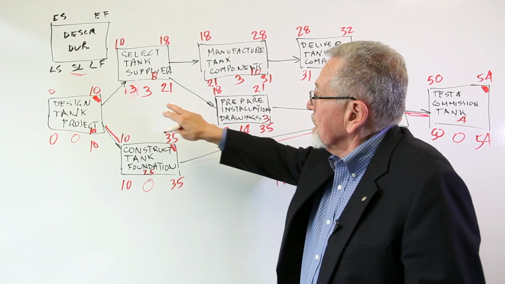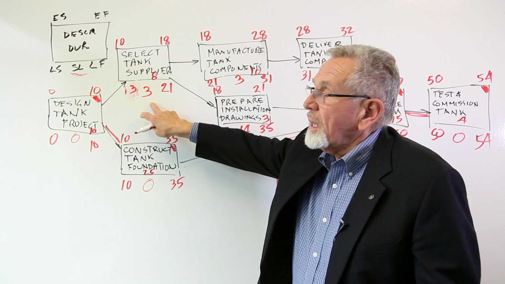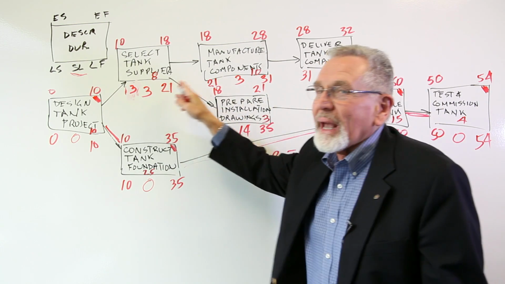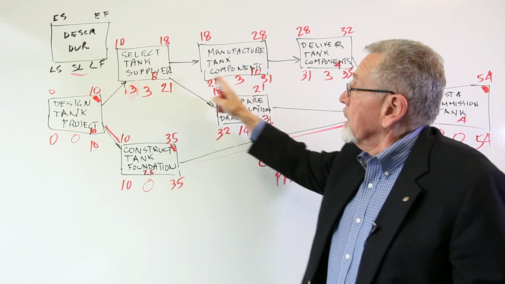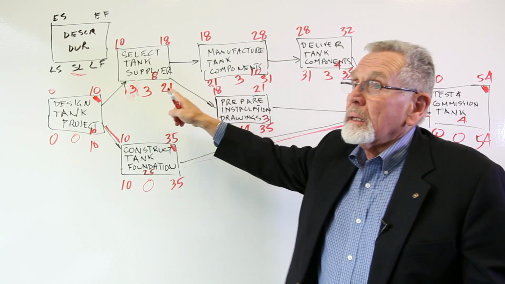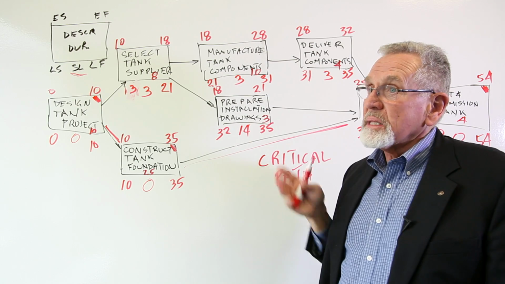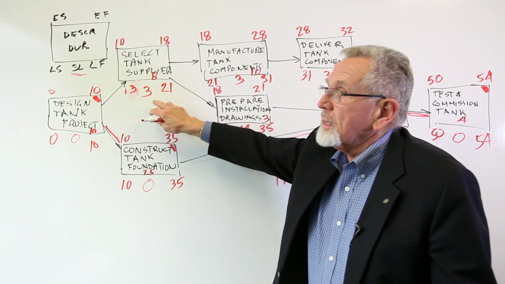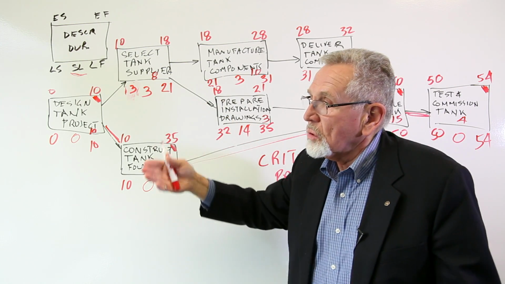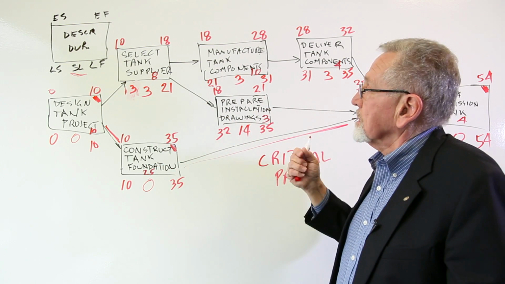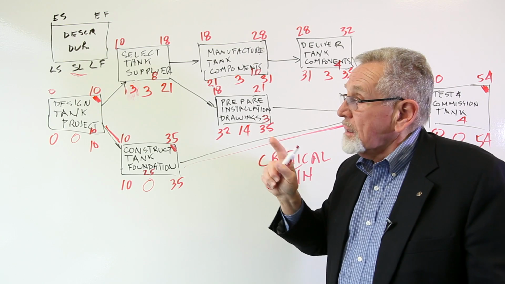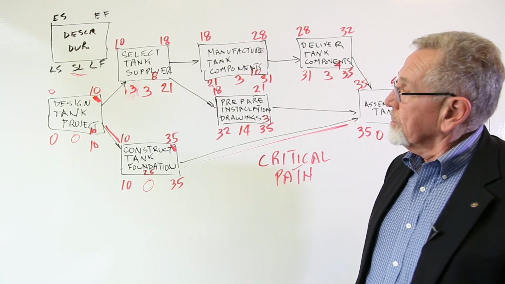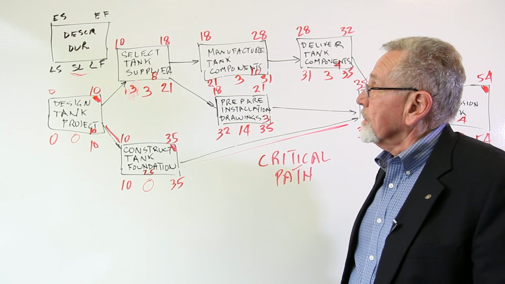The caution is, we can't say this has 3 days slack and this has 3 days slack and this has 3 days slack, and therefore add those slacks together and claim that we have 9 days slack along this subpath here. That's not true. We only have 3. But again, one more time, the slack is the amount that an activity can slip beyond its early time without impacting the total project duration. Not that it might not impact some of the successor activities in its path here.